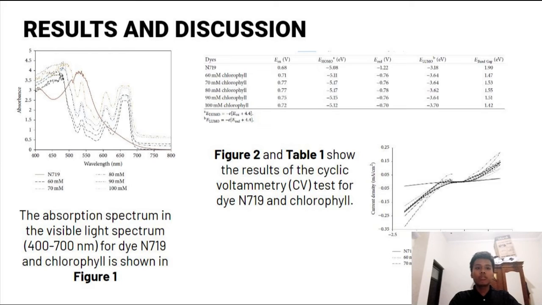The intersection of the tangents between the rising current and the baseline charging current of the CV curves was used to calculate the onset potential. The different amounts had a negligible impact on the LUMO and HOMO values of the chlorophyll dyes, as indicated in table 1.